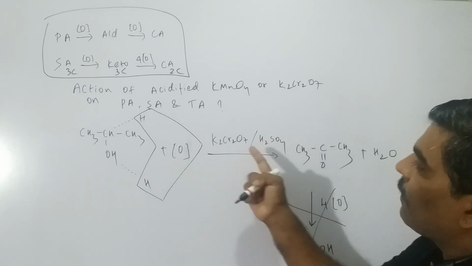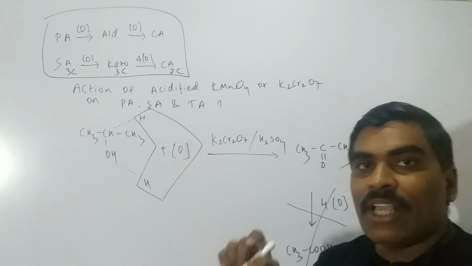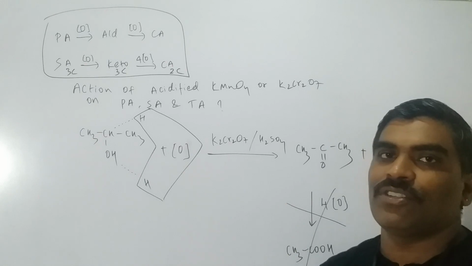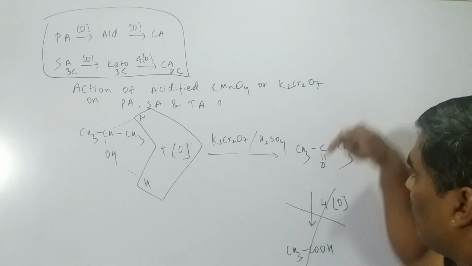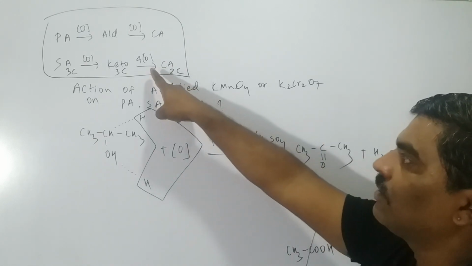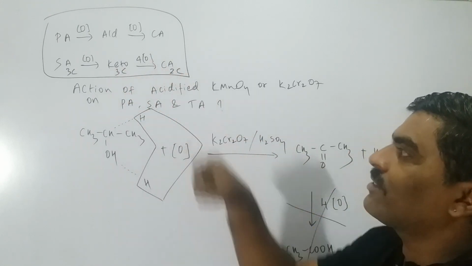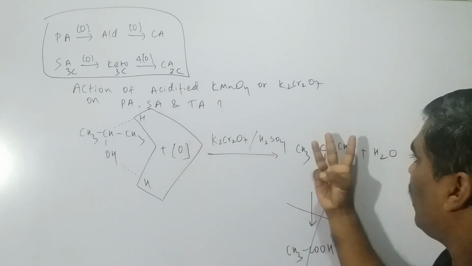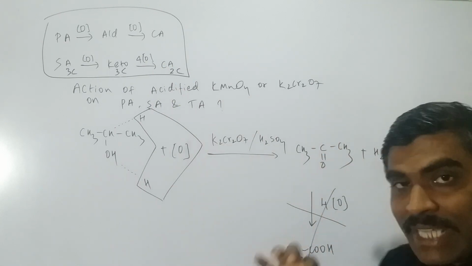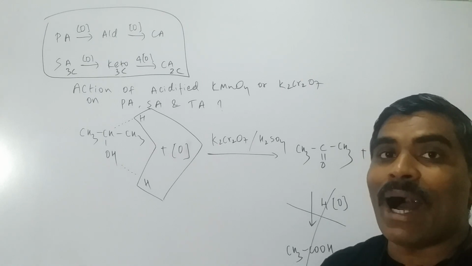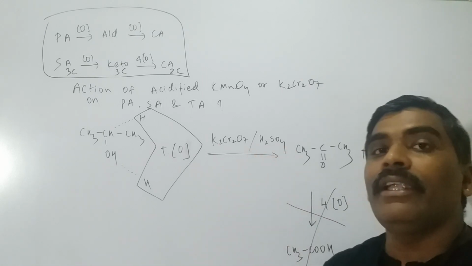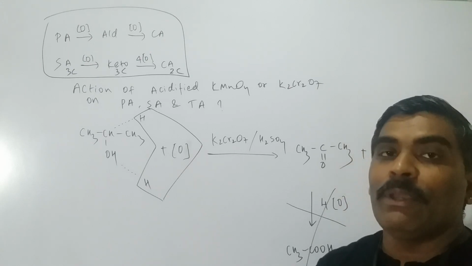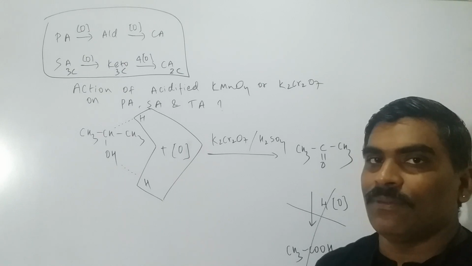Because potassium dichromate, when it reacts with sulfuric acid, produces only 3 atoms of oxygen. And for this further, see, I have given that ketone can give acid. See this, 3 carbon becomes 2 carbon. This can be done, but not by acidified potassium dichromate and potassium permanganate, because they produce 3 oxygen.